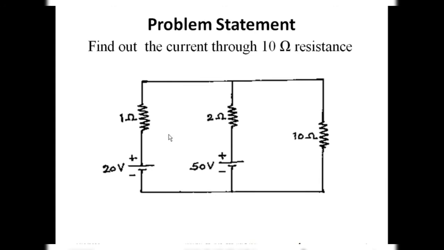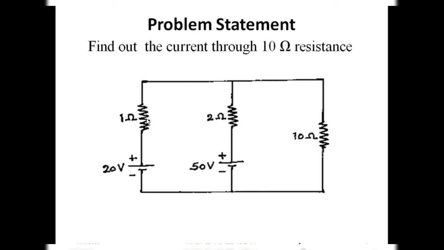For this, we will first consider the statement of the problem. Look at this particular circuit diagram. We have to find out in the circuit diagram the current through 10 ohm resistance, and the circuit diagram contains two batteries. One battery is of 20 volt while the other battery is of 50 volt.